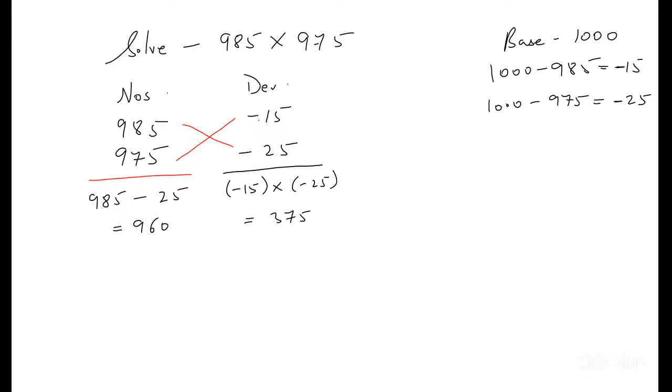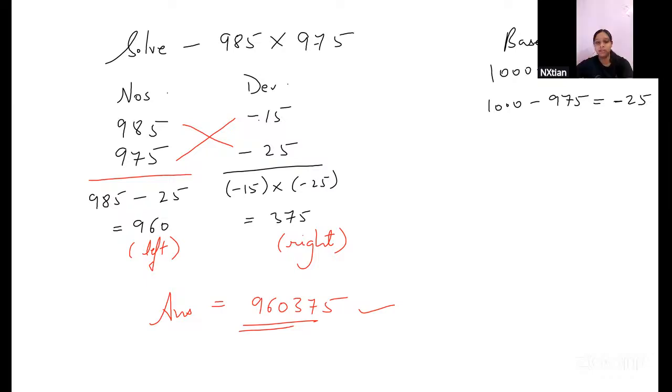Okay, so I have my left side of the answer and right side of the answer. Put them together. Answer is 960375. Okay. Yes, Abraham. 960375. Hope it's clear to you all now.